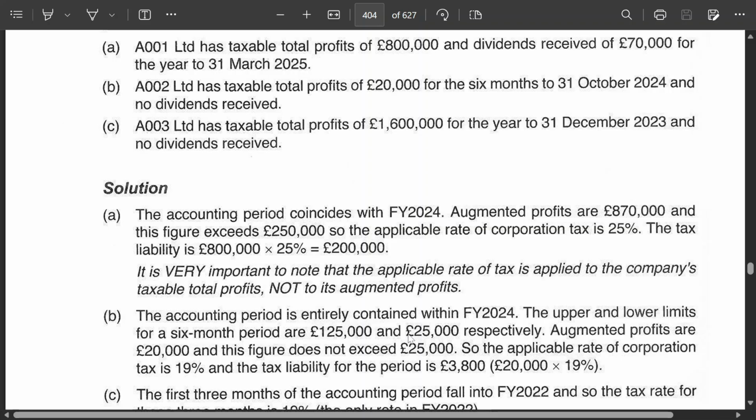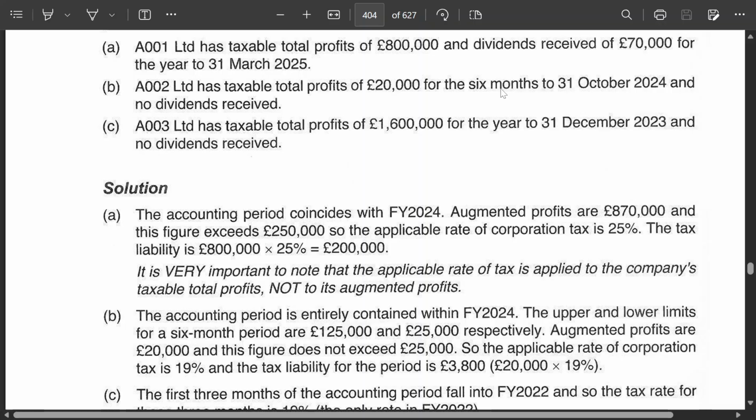And what is the relevant number here? So remember that when we are reducing these upper and lower limits, we are trying to arrive at the proper benchmark for this particular example, right? So what is the example here? This is a company which has 20,000 of profits for 6 months, okay? So the appropriate benchmark of the upper and lower limit is not 250 and 50, it's actually that multiplied by 6 by 12, so that becomes 125 and 25, right?